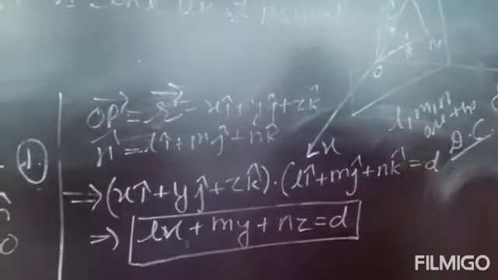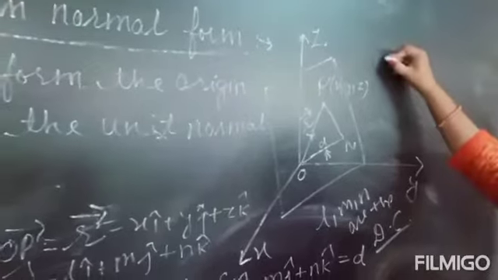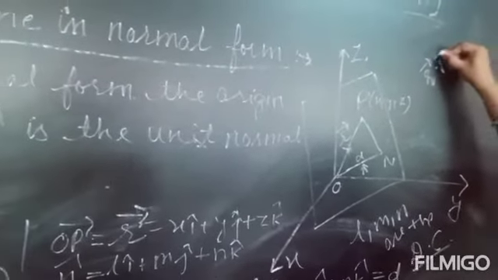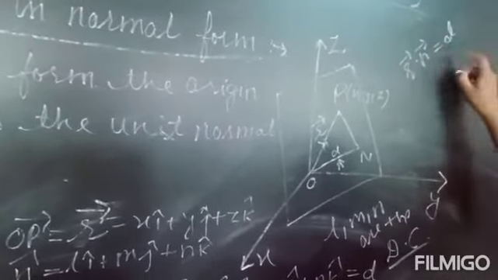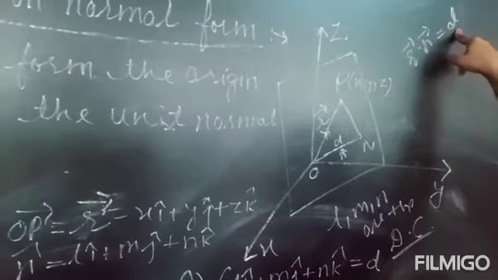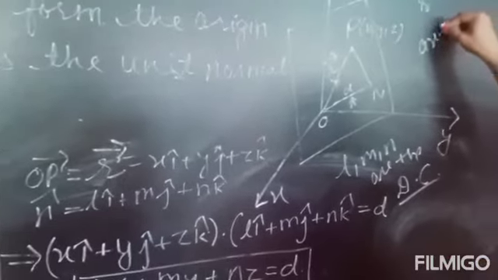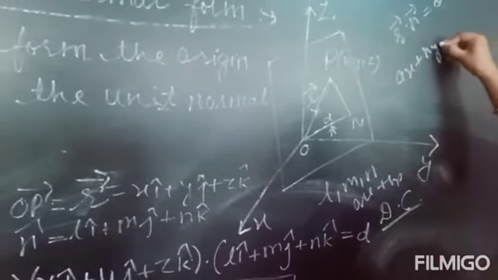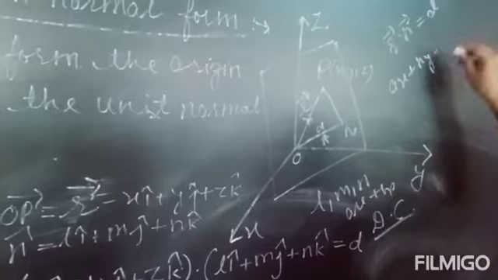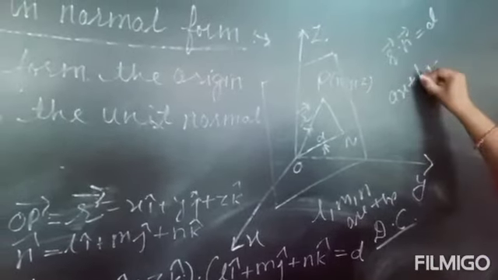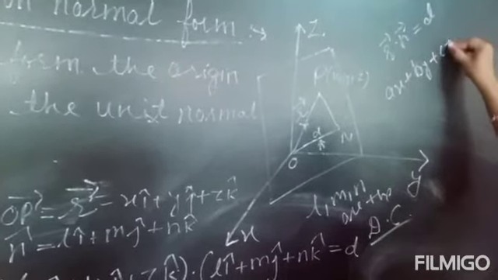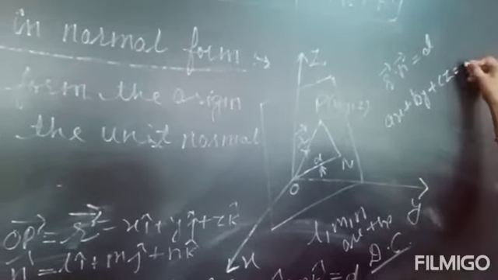But suppose the equation is in the form r vector dot n vector is equal to d. Then this is not a perpendicular distance. Then this equation will become ax plus by plus cz is equal to d.